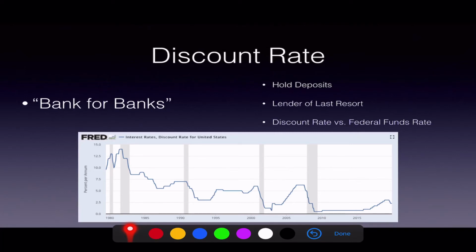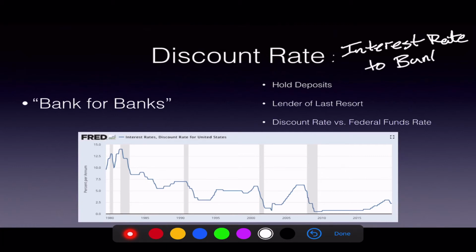That doesn't come free, though. So the discount rate is the interest rate charged by the Federal Reserve to banks that are borrowing from the Federal Reserve.